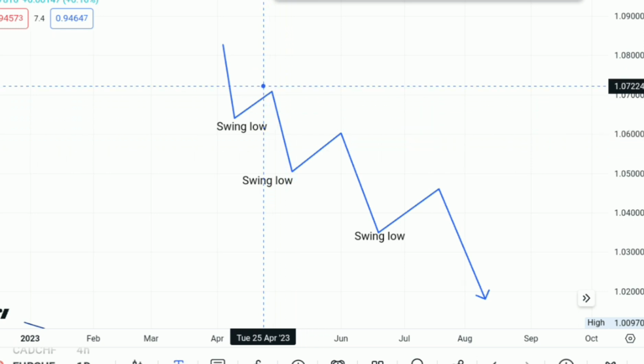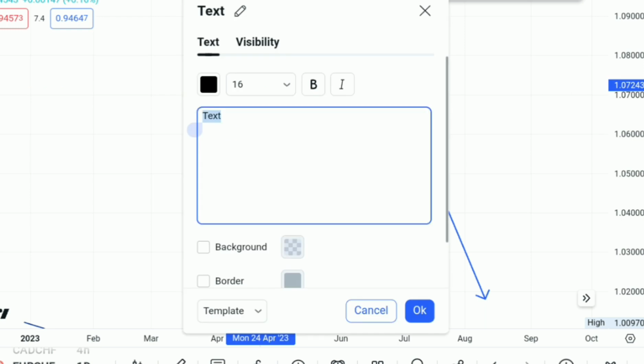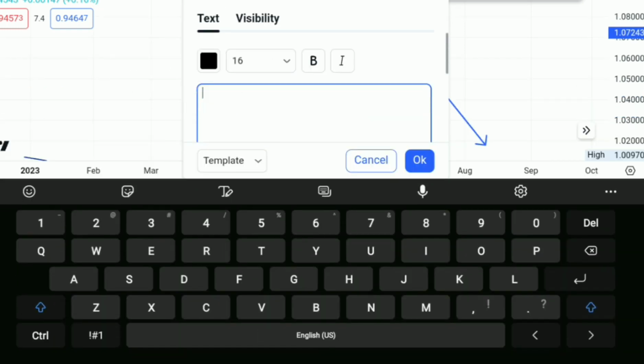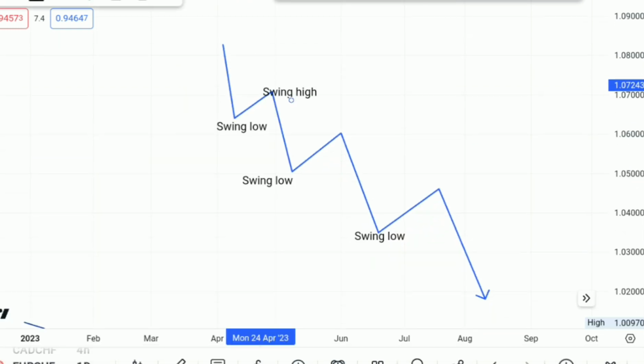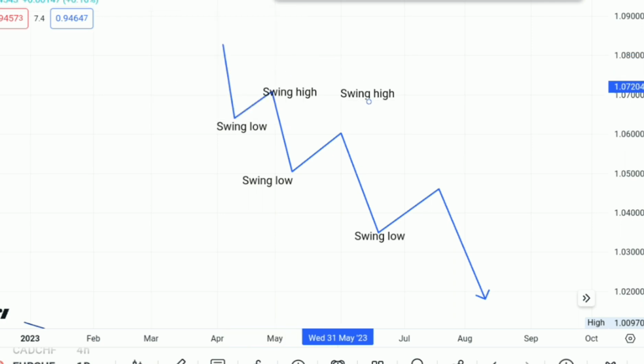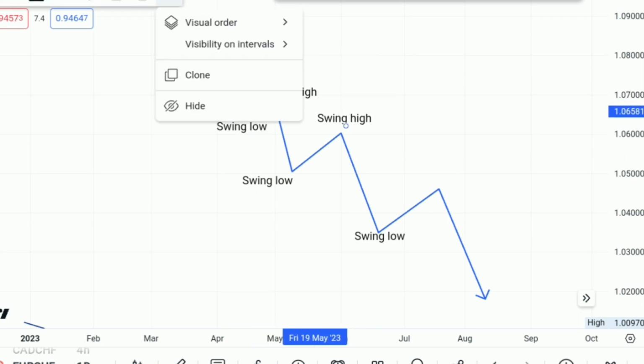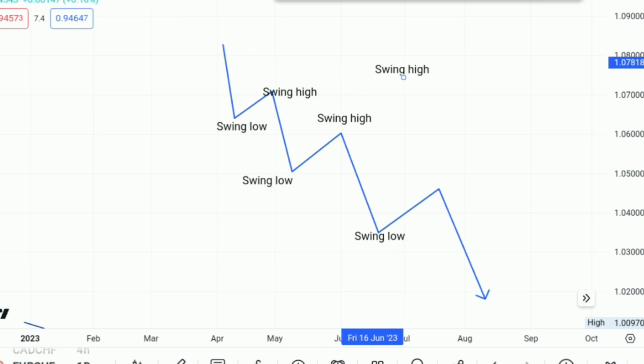Swing high here. Swing high. Swing high. Swing high.